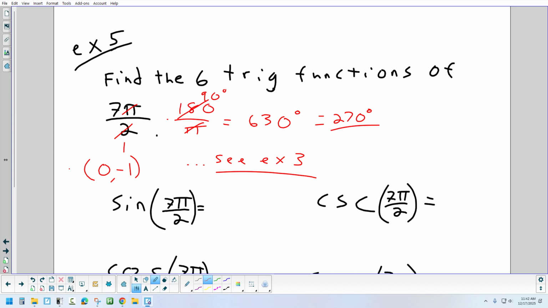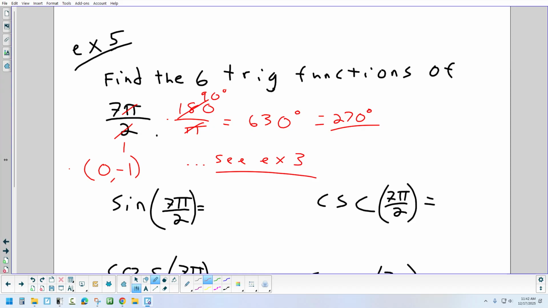I was just wondering, if I plugged in the 7 pi over 2 with the 180 stuff into a calculator, would it give me 630? No. If you plug in sine of 7 pi over 2, it wouldn't give you 630. It gives you a very small decimal.